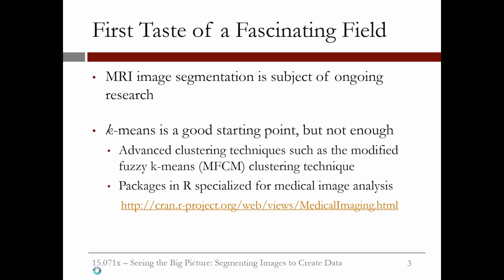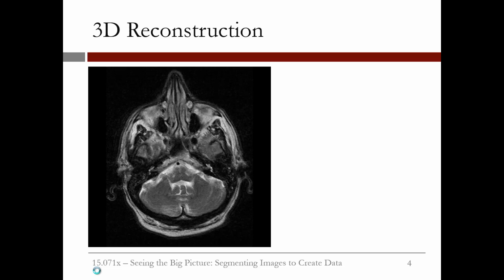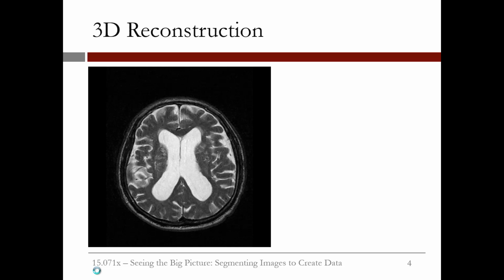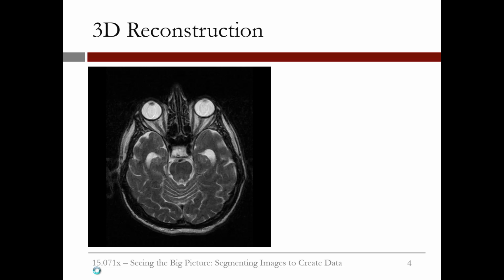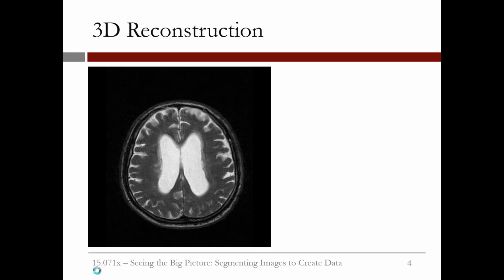While k-means clustering is a good starting point, more advanced techniques have been proposed in the literature, such as the modified fuzzy k-means clustering method. Also, if you are interested, R has packages that are specialized for analyzing medical images. Now, if we had MRI axial images taken at different sections of the brain, we could segment each image and capture the geometries of the substances at different levels.